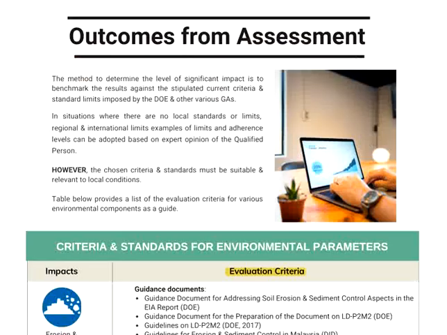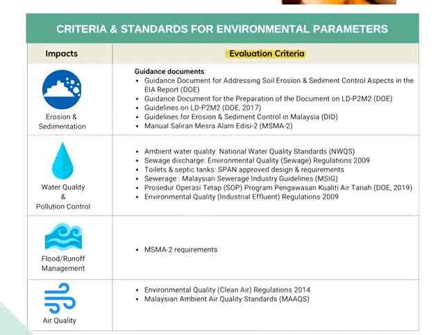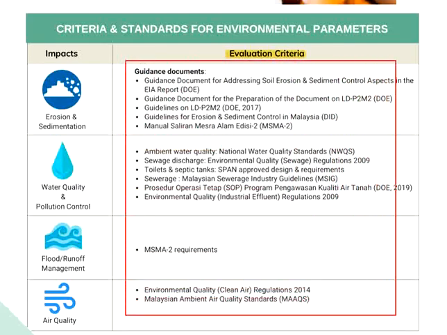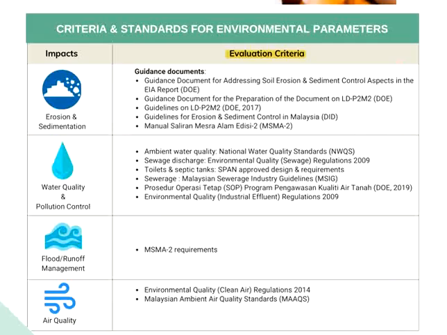And then, as the outcome from the assessment, this may be evaluated against the criteria and the standards for the environmental parameters. The requirements for the evaluations are listed here. You may refer to the relevant documents.